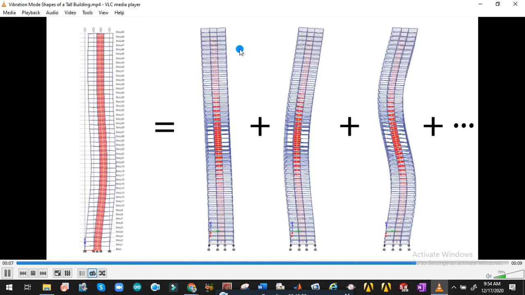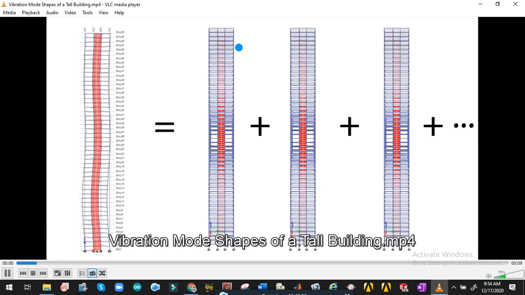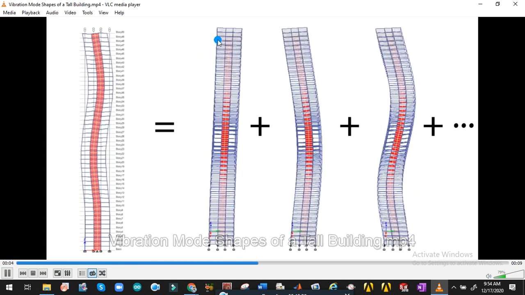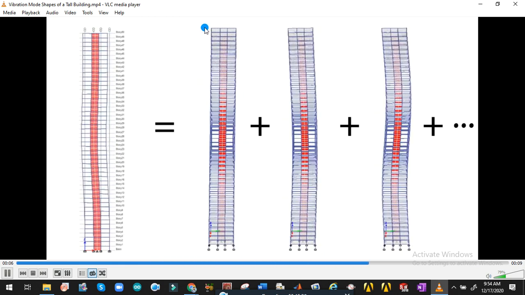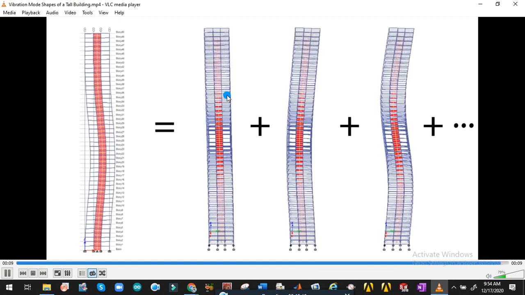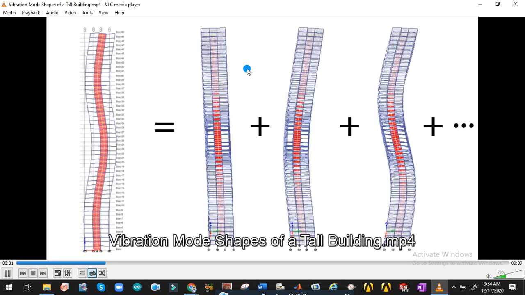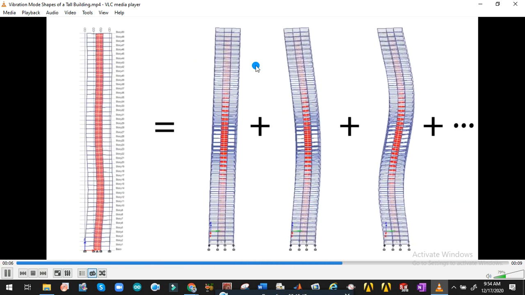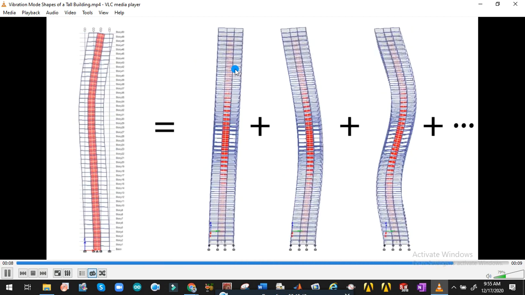But what about the other natural frequencies? How can we find the other natural frequencies? In order to find those natural frequencies, we need to solve the system for multiple degrees of freedom. We are always interested in finding all the possible kinds of excitation frequencies.